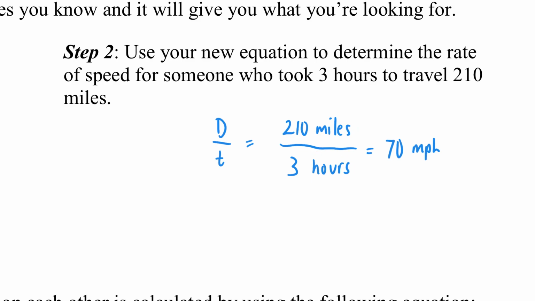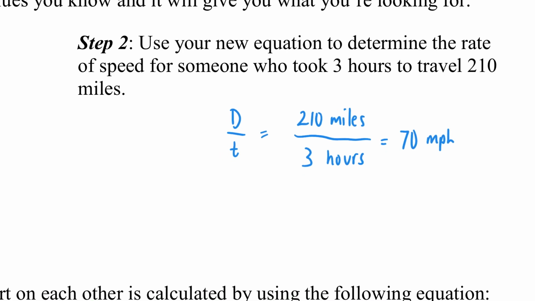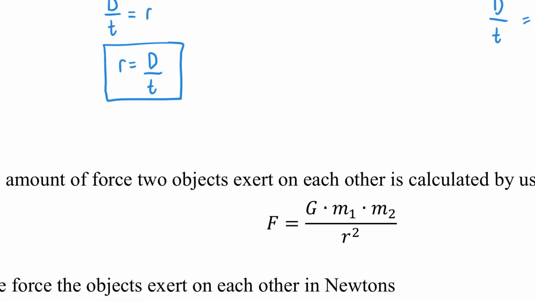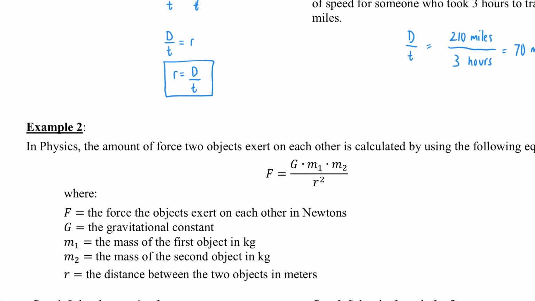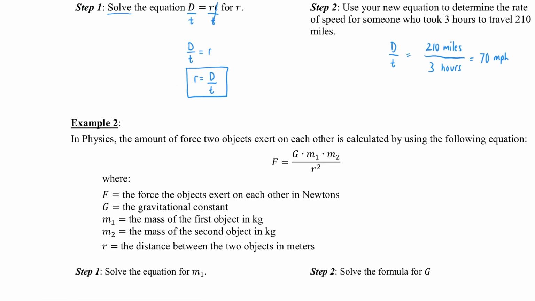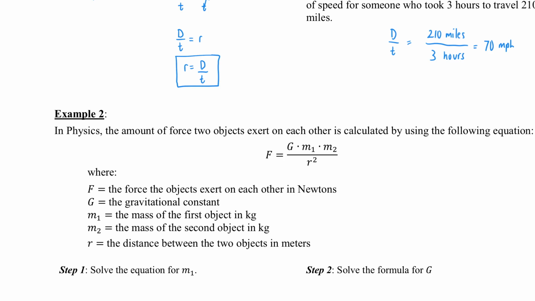So, okay, a fairly simple example, but it helps illustrate the point there. So you're like, okay, well, that's fairly simple. Then you get into some more complex examples. So like in physics, when you have two objects, like a couple planets or something like that, they exert a significant amount of force on each other.